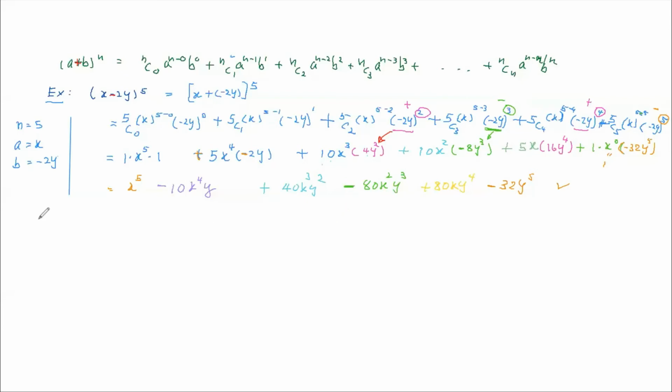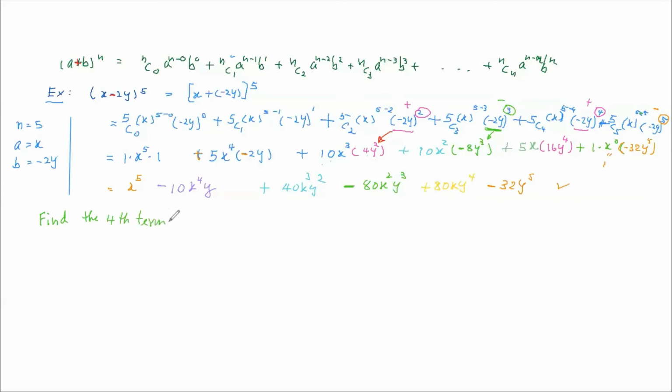Oh, by the way, if the question asks you to find, say, the third term, or the 6th, 7th term, the power 5, right? So maybe say find the 4th term.